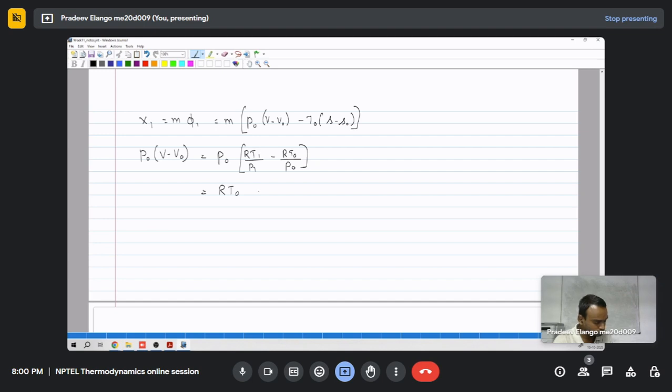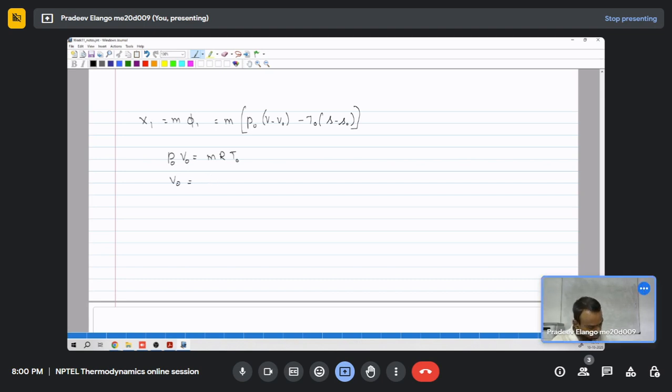Sir, in the question, V is given now, sir, but V naught we don't know, right? Yes, sir. I think we can try to calculate V naught directly. We know PV equal to MRT, so V naught will be M R T naught by P naught.